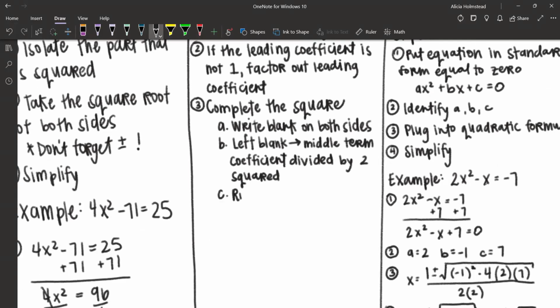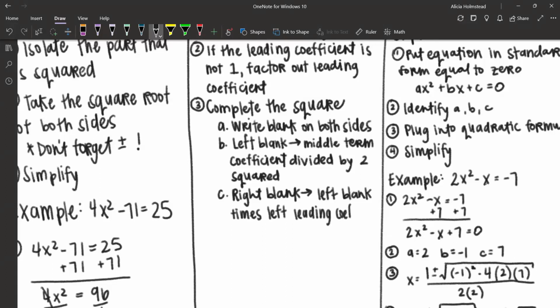The right blank is going to be filled in with the number in the left blank times the leading coefficient.